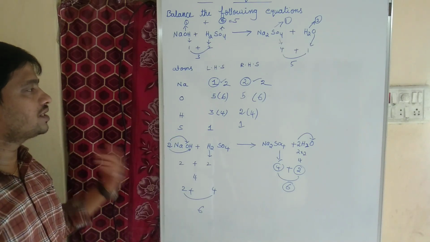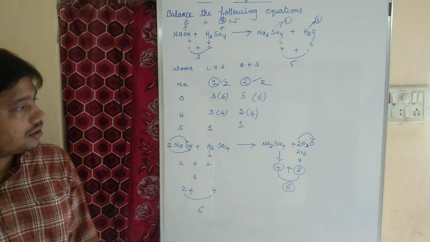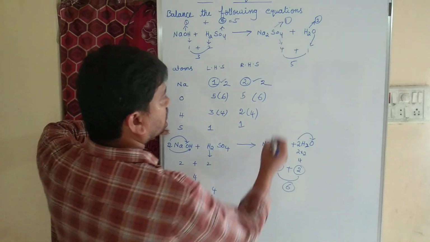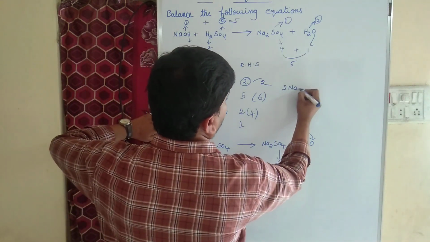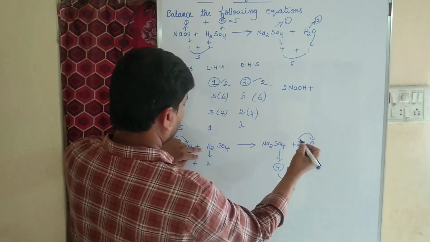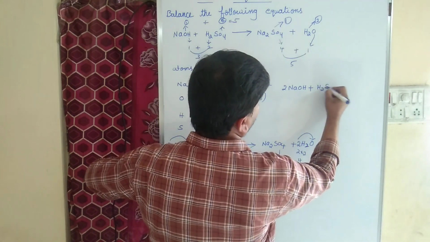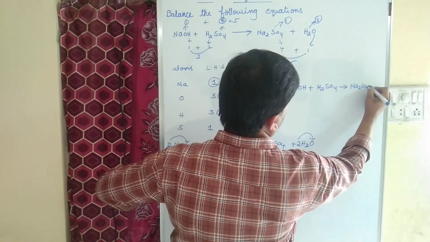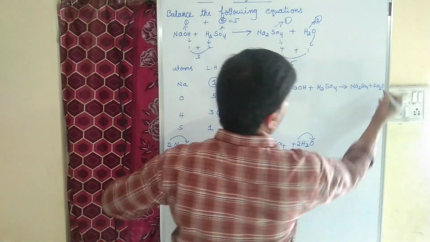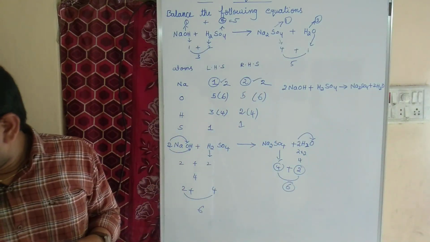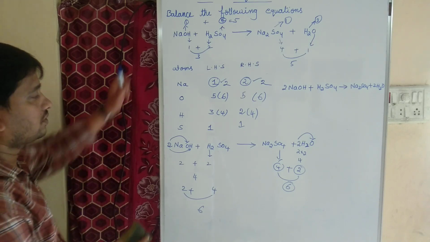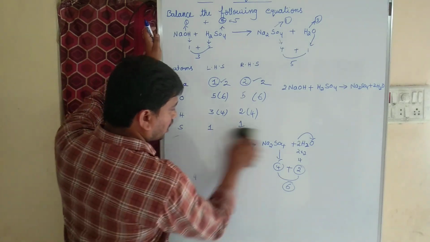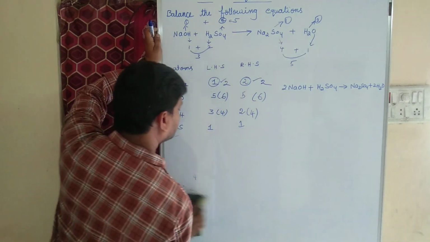Sodium, oxygen, hydrogen, sulfur. So what is the balanced equation? The balanced equation is 2 NaOH plus H2SO4 gives rise to Na2SO4 plus 2H2O. This is the balanced equation of NaOH plus H2SO4. Okay, children? I hope you understood the concept.